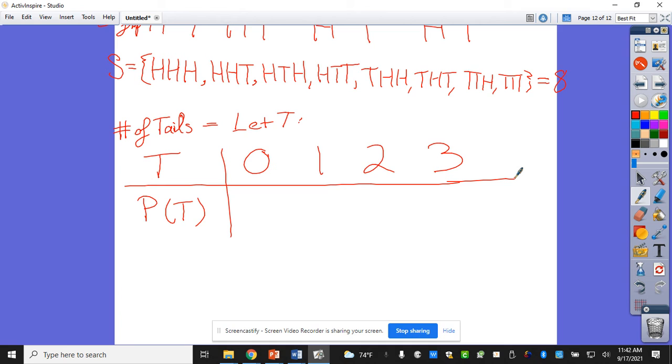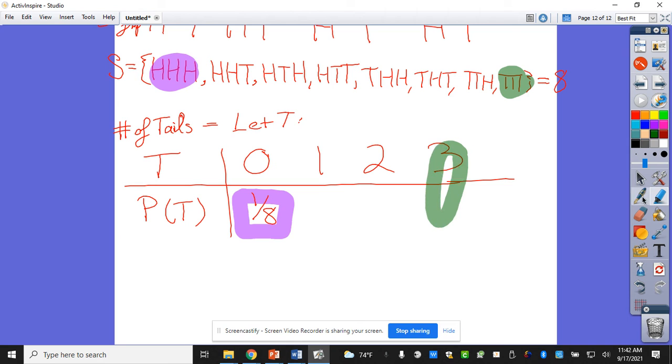So I've got all of my outcomes written up here. Of my 8, how many of them have 0 tails? Just this one out of all 8. We already said how many of them have all 3 of them tails. One out of 8.